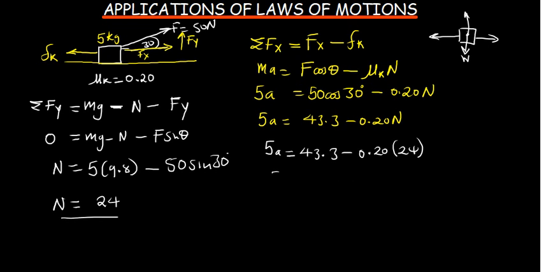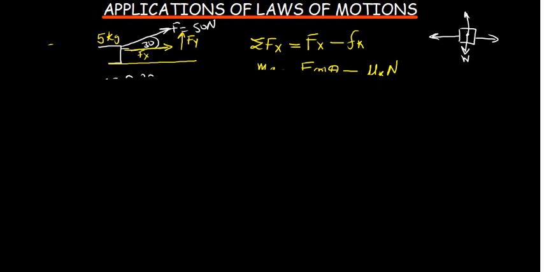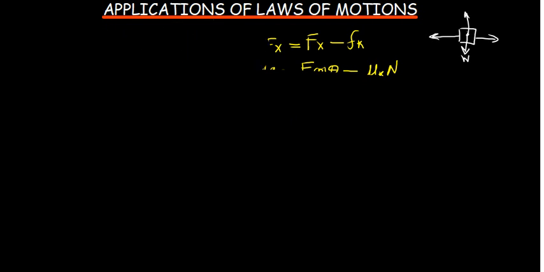Let's look at another scenario where you can be asked to find the acceleration of a system. So let's say we've got this object. It is connected to a rope, and then there is a second object there. Let's say the first one is 5 kg, the next one is 10 kg.